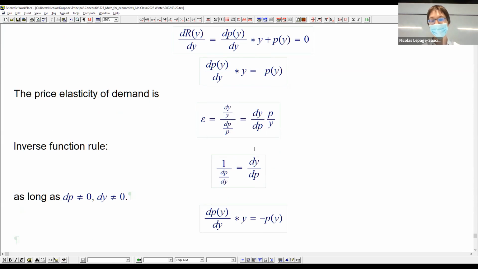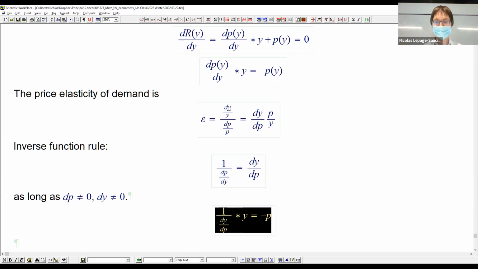So here, instead of dp dy, I can just replace this by 1 over the elasticity. It's just a number. Of course, the elasticity is evaluated somewhere, but I don't want to carry the terms everywhere.